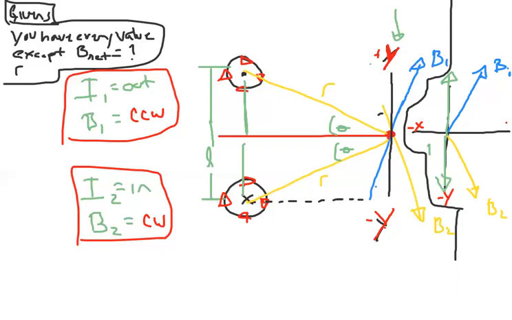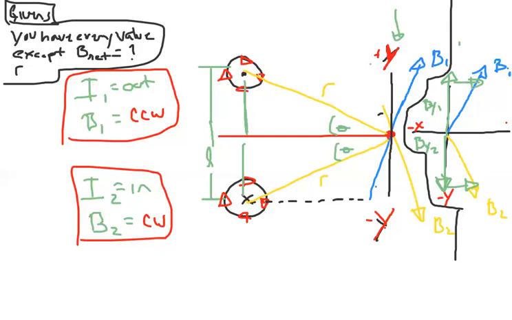So this is By2. This is By1. As you can see, they're in opposite direction, and you guys should be familiar enough with vectors to know what that means.